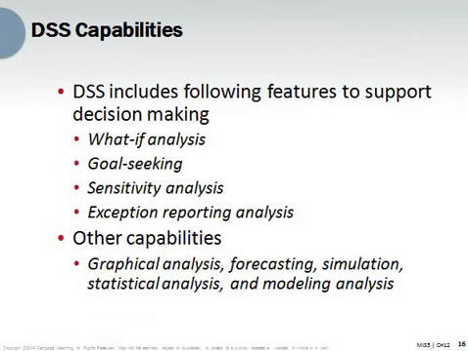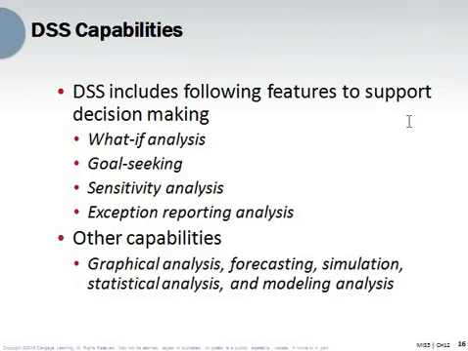DSS capabilities. DSS includes the following features to support decision making. What-if analysis. What is what-if analysis? If this is true, then what should we do. If this is the condition, then what should we do. And if that is the condition, then what do we have to do. It is called what-if analysis. Goal seeking, right?